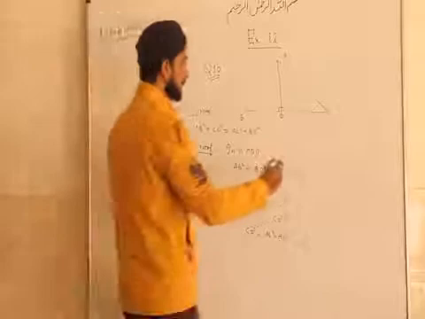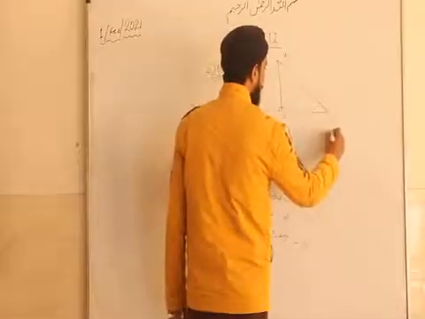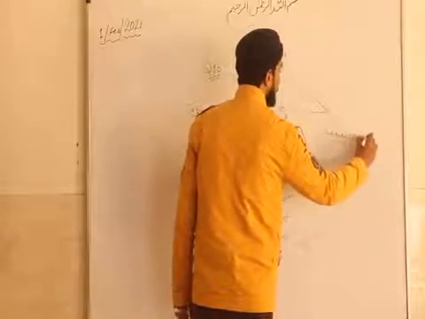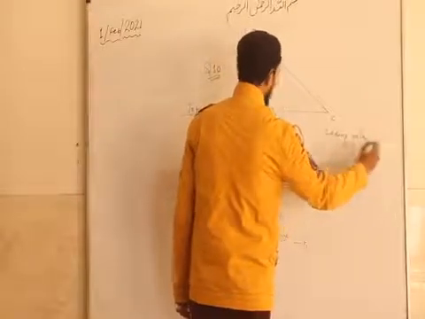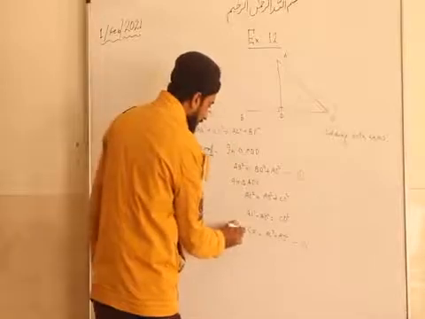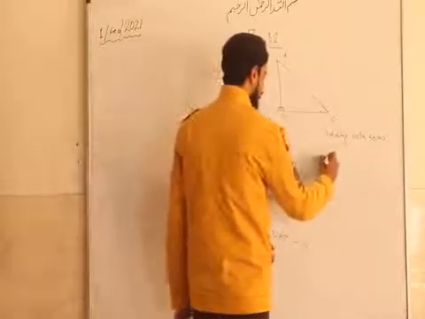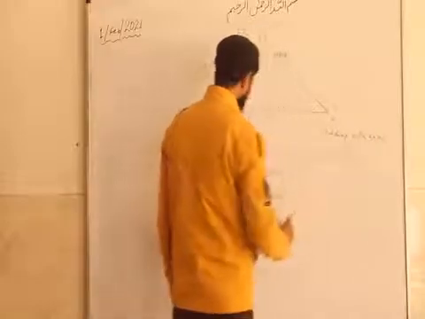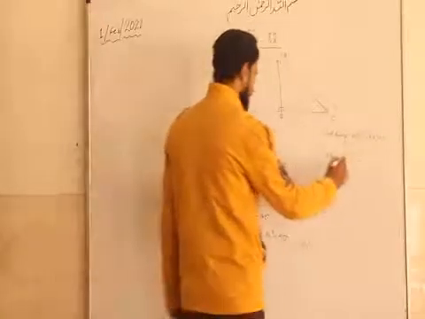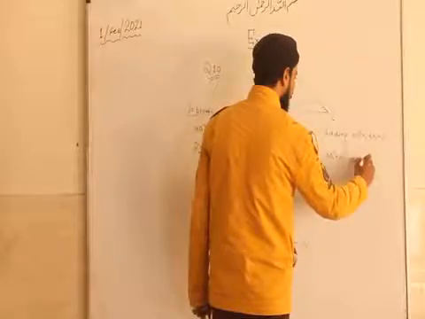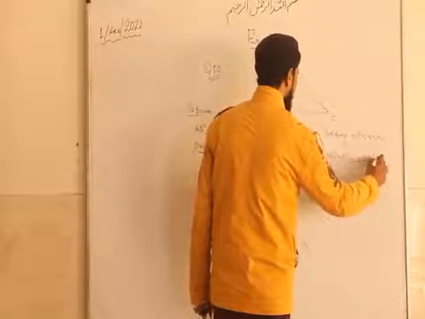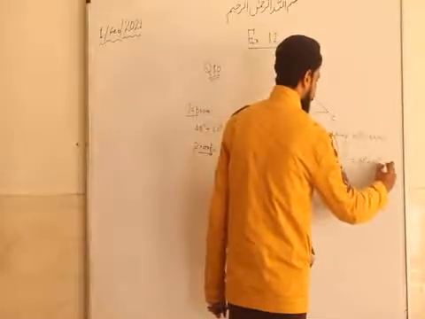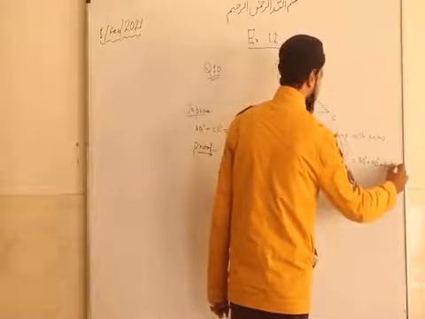So, adding both equations, on the left hand side we add AB square plus CD square, which is equal to BD square plus AD square on the right, then plus AC square minus AD square, right?